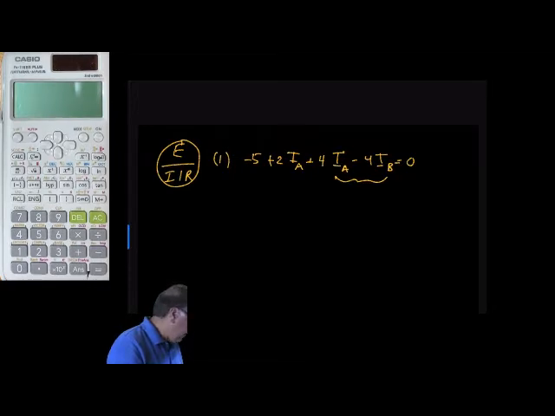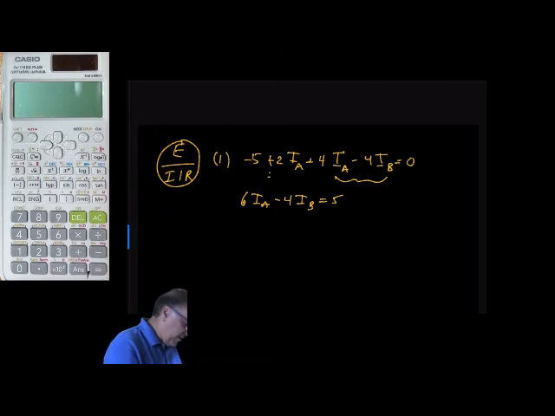So this becomes, if we add the IAs up together, 6 IA minus 4 IB equal to 5, so that's equation 1.